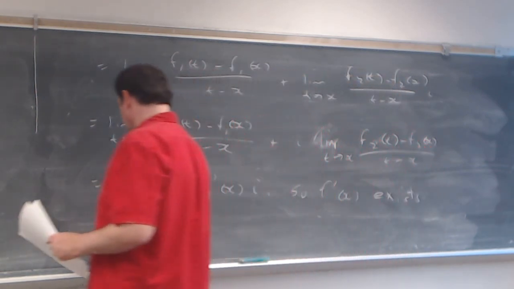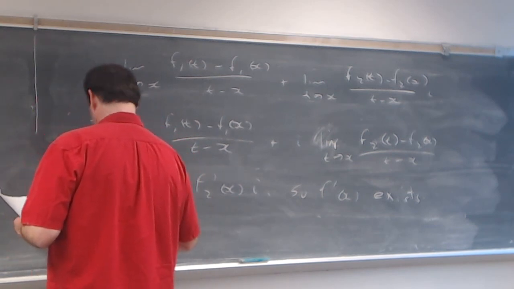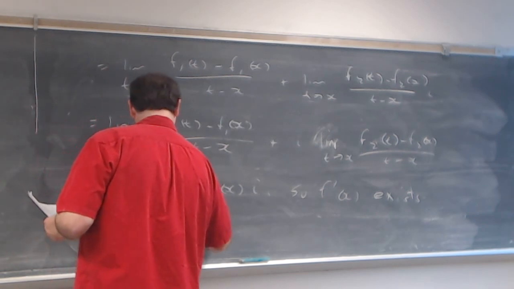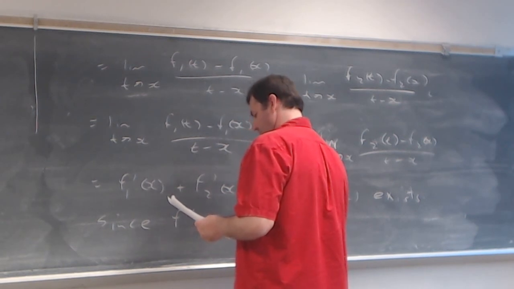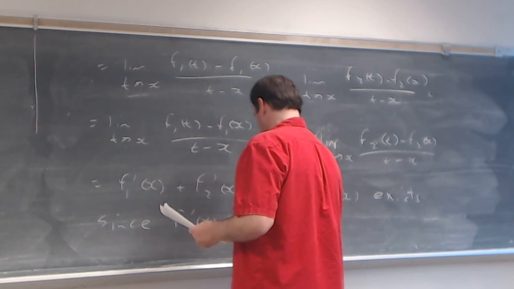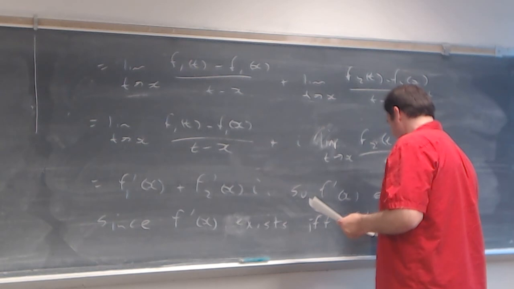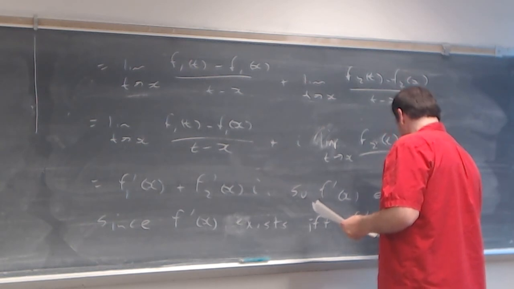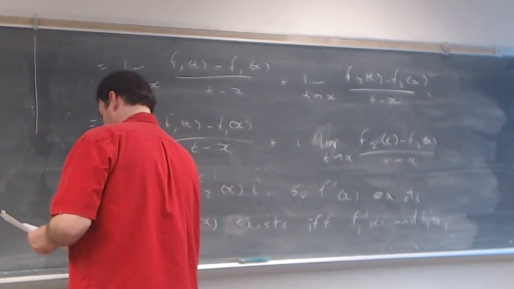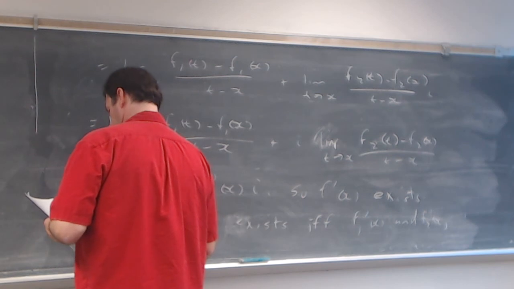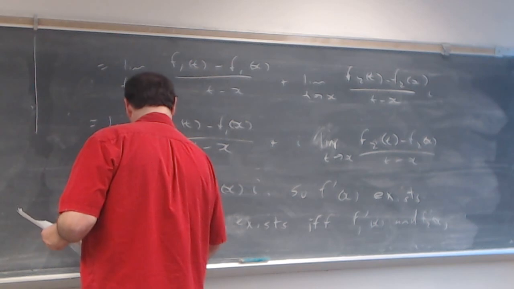Okay. So I'll just write this concluding statement. Since f prime of x exists if and only if f sub 1 prime of x and f sub 2 prime of x exist, that's the conclusion.